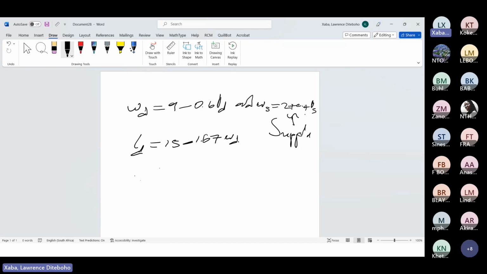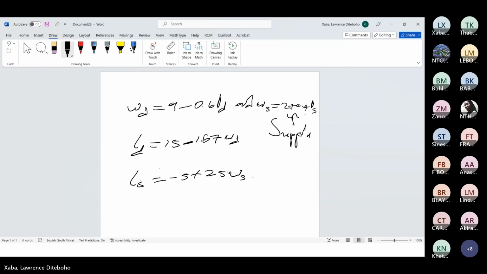Then we took the second equation. You can see we have W equals 2 plus 0.4 L subscript S. Then LS equals, we divide both sides by 0.4. When we divide by 0.4, we end up having negative 5 plus 2.5 W. Yes.